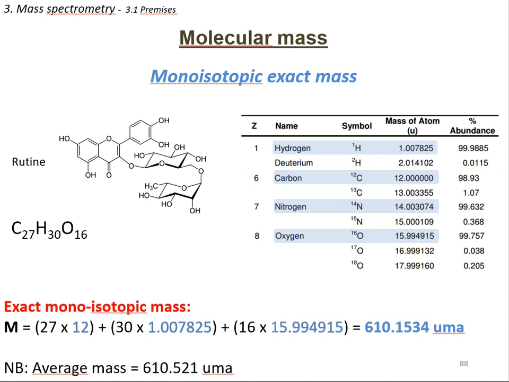The average mass, taking into account all the isotopes, so the molar mass of this compound in nature, would be 610.521 atomic mass unit. So you see there is a difference in the small digits between the average mass and the exact monoisotopic mass.